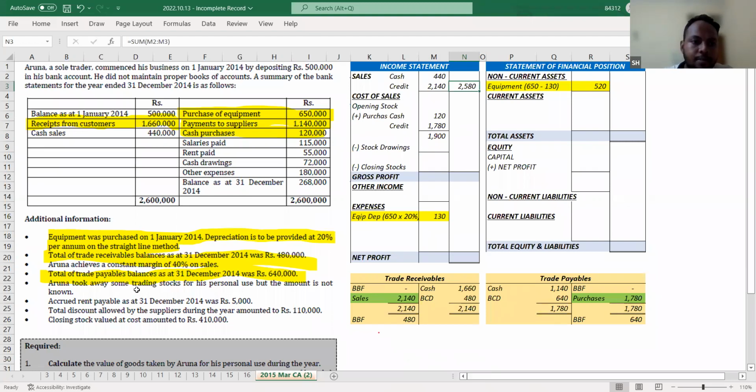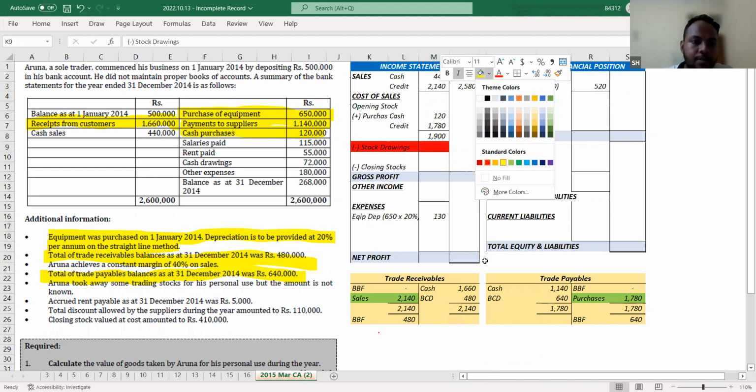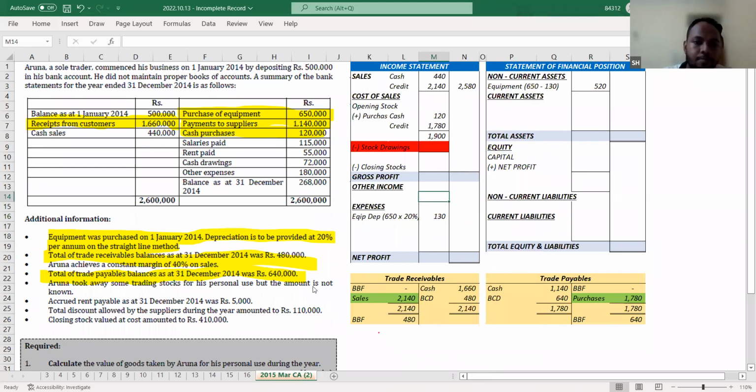Aruna took away some trading stock for his stock drawings. This is not known. We don't know how much is the amount. Accrued rent payable as at 31st December is 5,000.